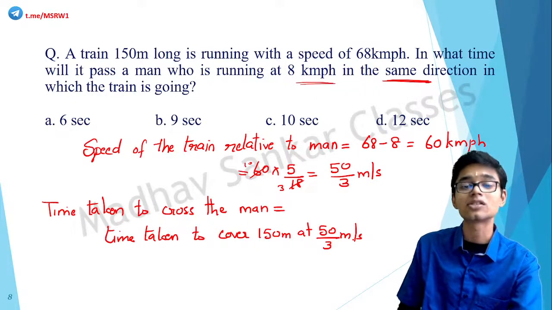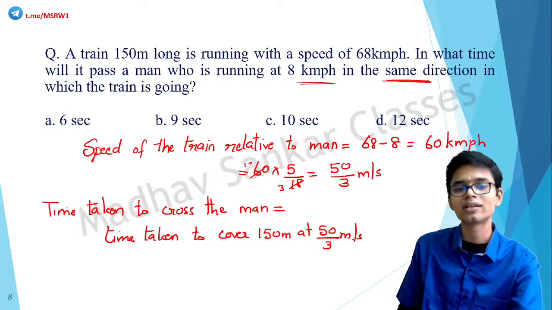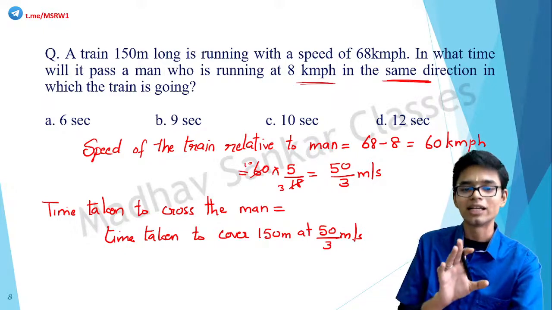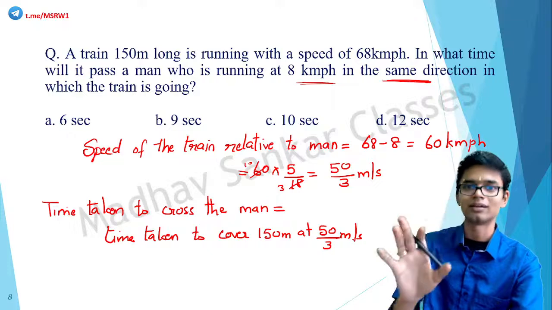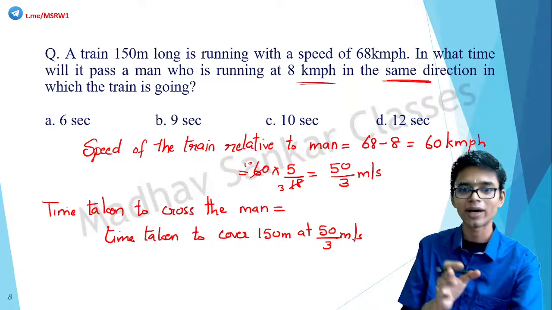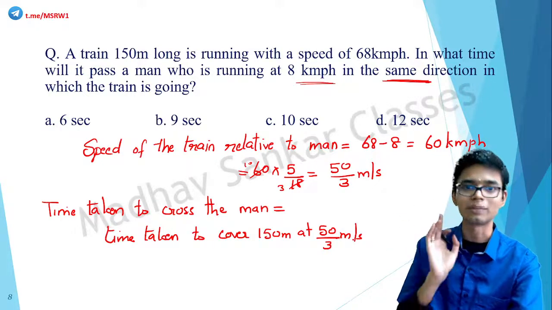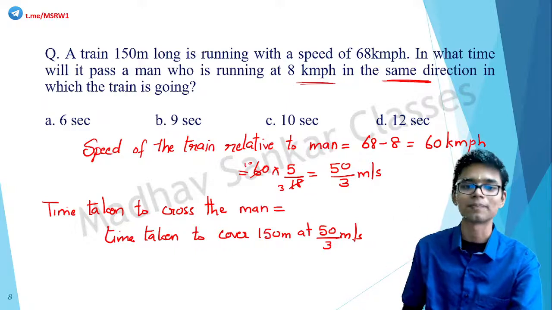Correct? Why? Because the length of the man is insignificant. So we have to consider the length of the train only. The length of the train is 150 meters and the relative speed is 50 by 3. So it is basically 150 meters divided by 50 by 3 meter per second. That will give you the time.